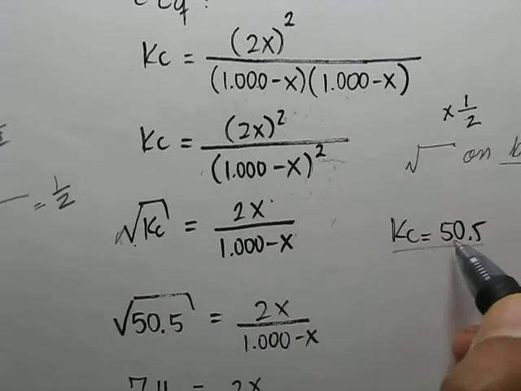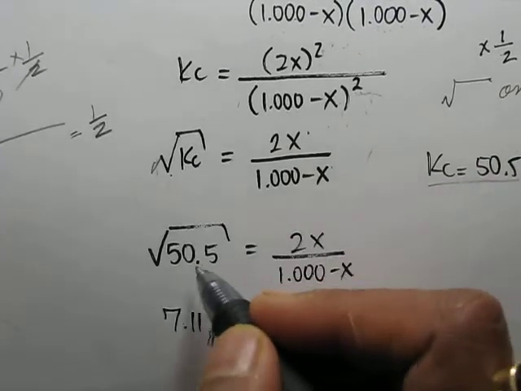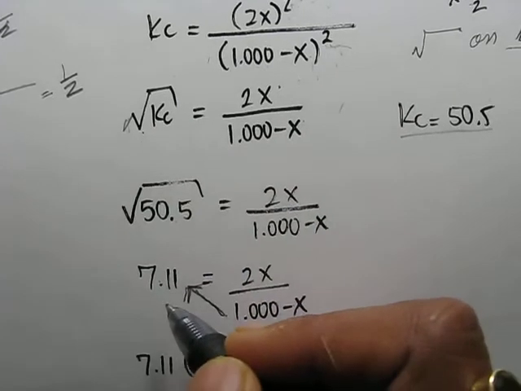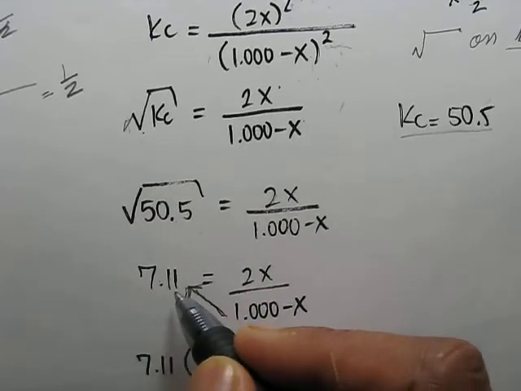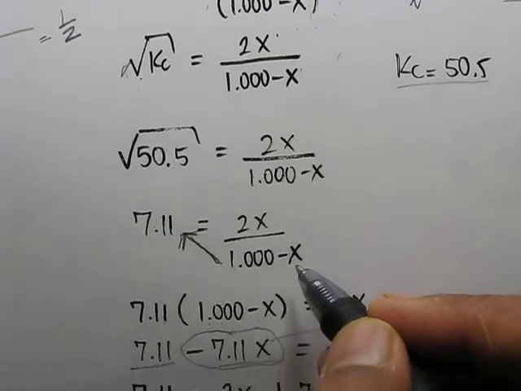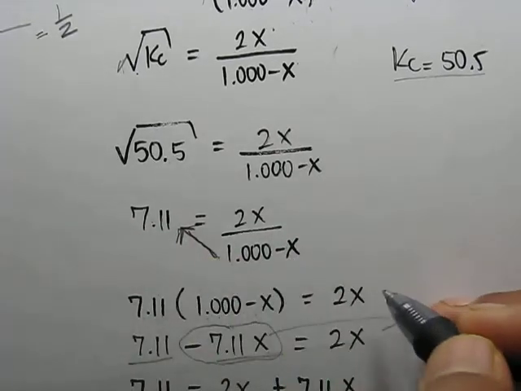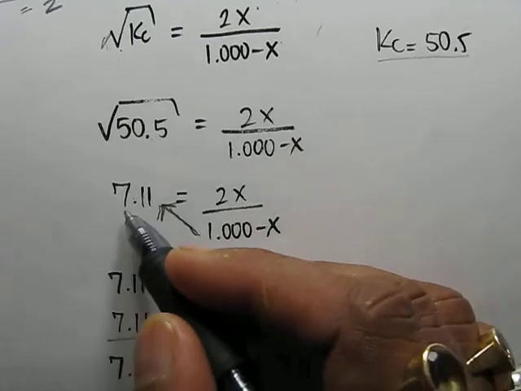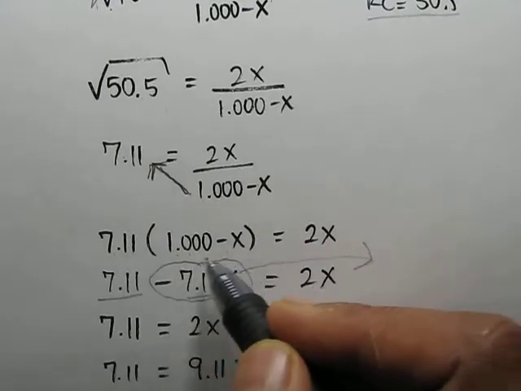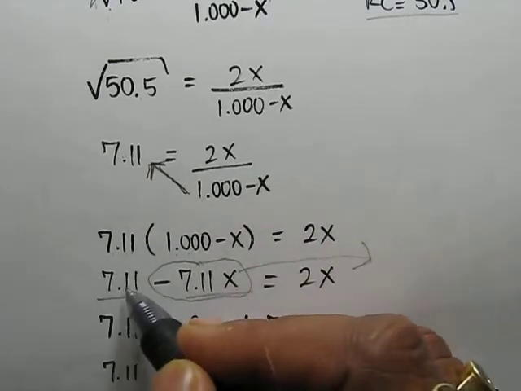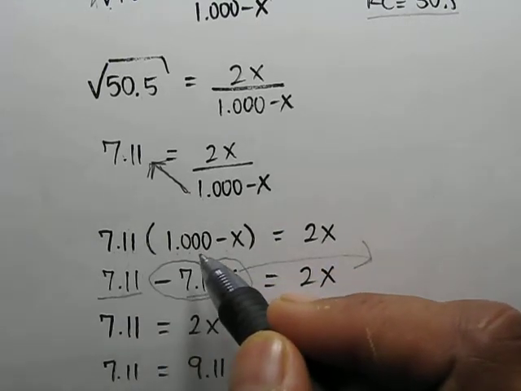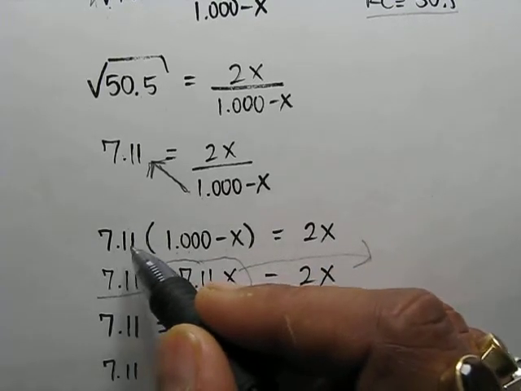The Kc value is already given, so we can place the Kc value here, and once you take the square root from the calculator, you will get 7.11, which is 2x divided by 1.000 minus x. Now we can simplify this to calculate the x value. 7.11 multiplied by 1.000 minus x, and once you open this parenthesis, 7.11 multiplies to 1 and 7.11 multiplies to x.